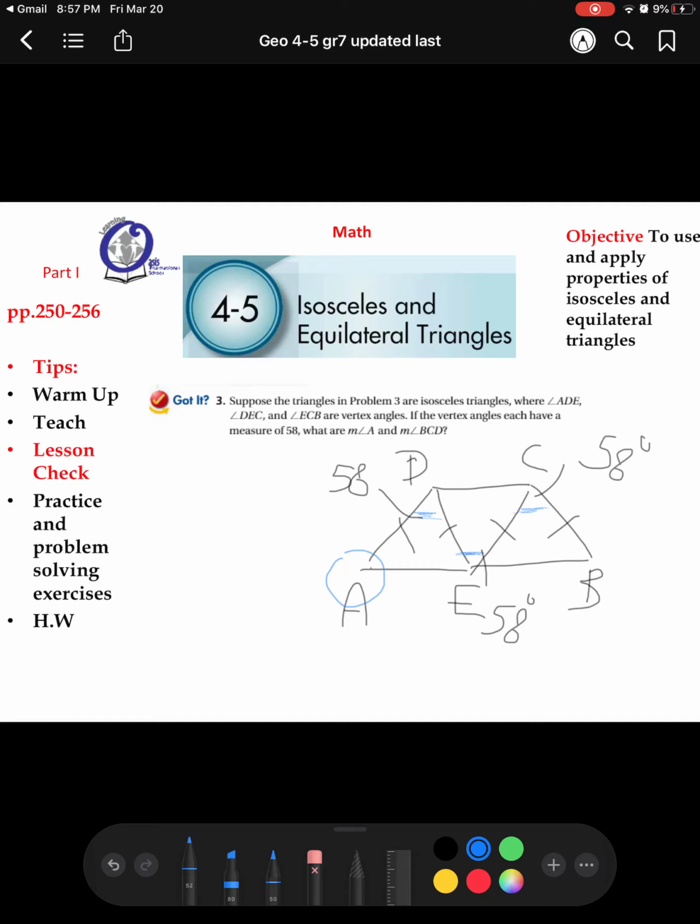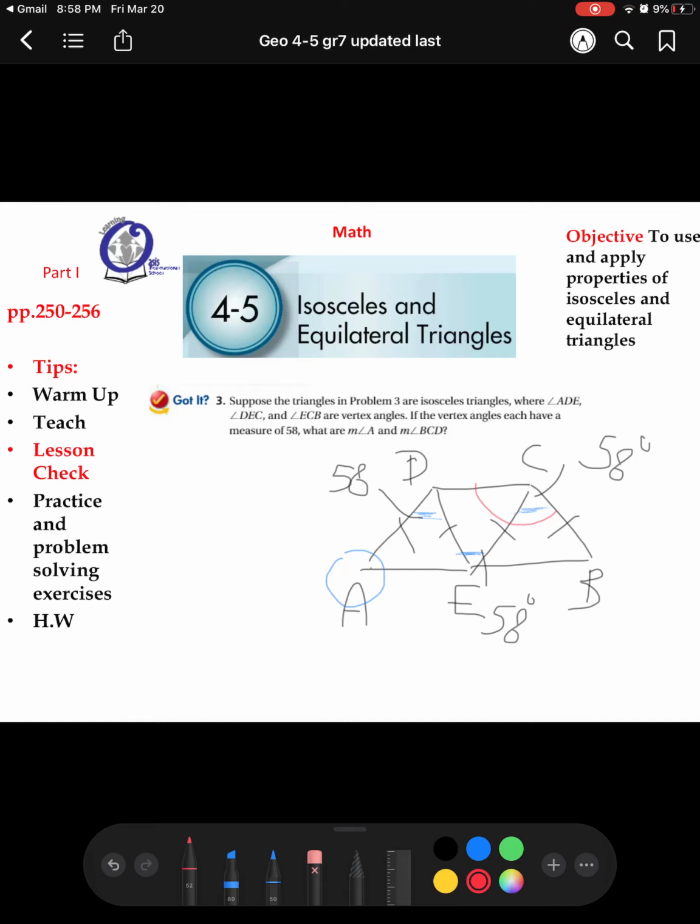The BCD, I need another color. This is the BCD, the big one. So it's a sum of BCE and ECD. Now, since it is an isosceles triangle, I'm not going to use anything about equilateral. Let's talk about the triangle ADE.